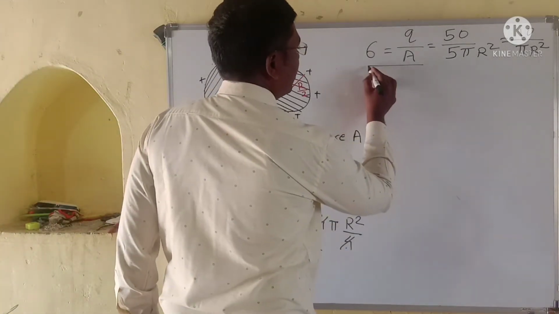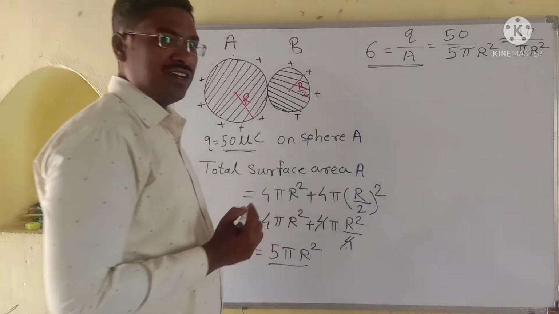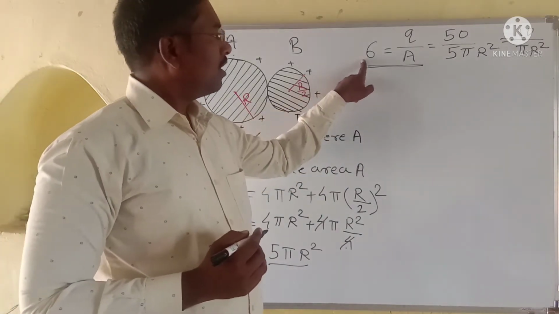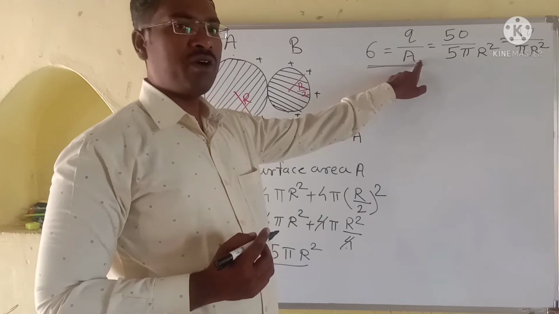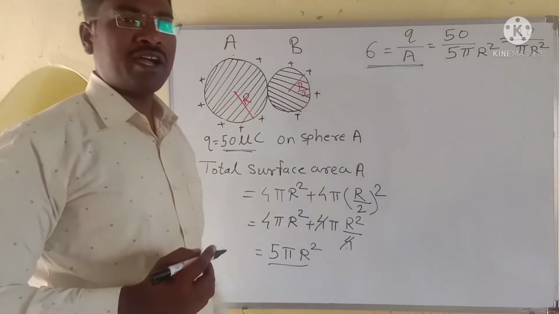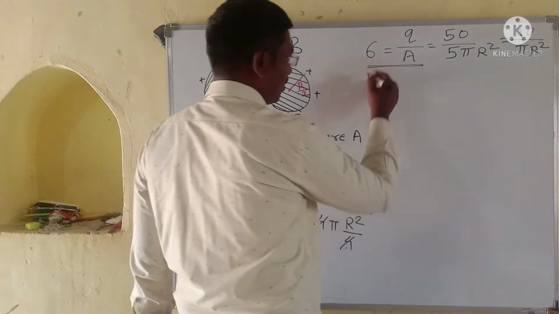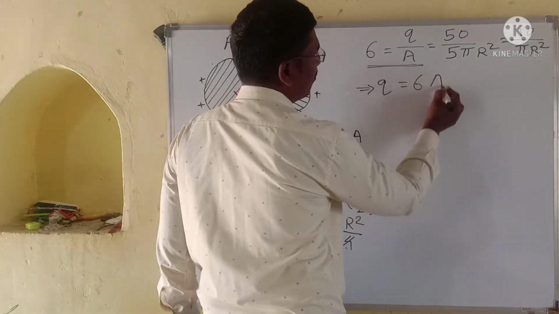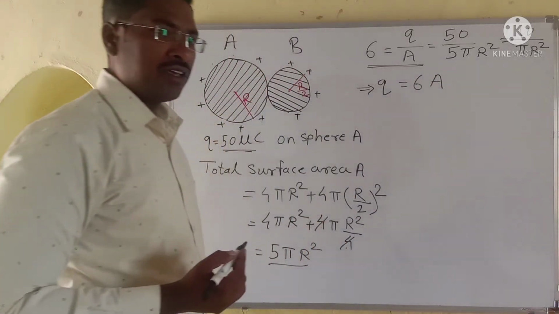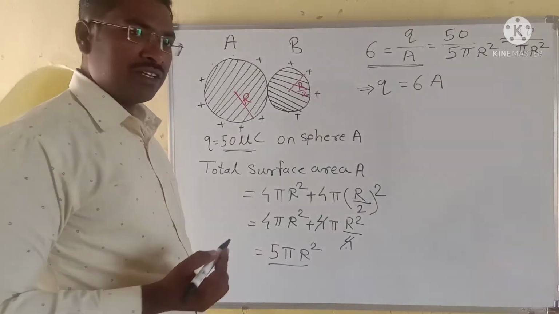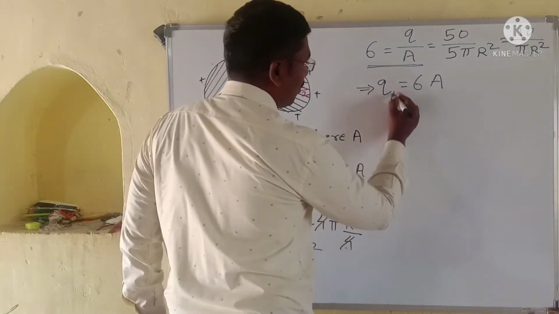From the equation of surface charge density, if we have surface charge density and the area over which charge is distributed, then we can calculate the magnitude of charge. This equation can be written as Q equals sigma into A. Call this charge on sphere A, QA.